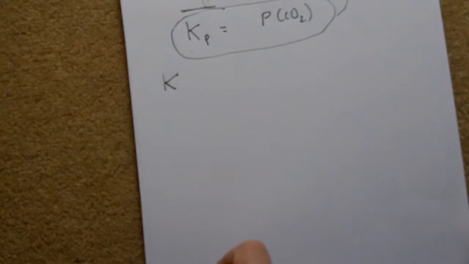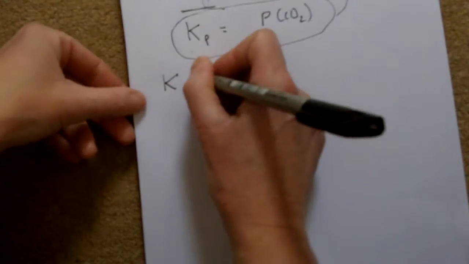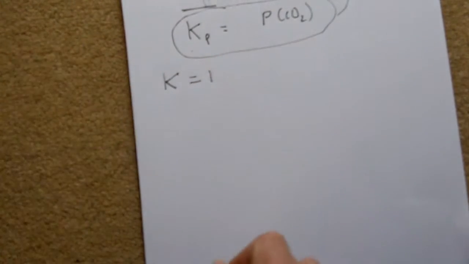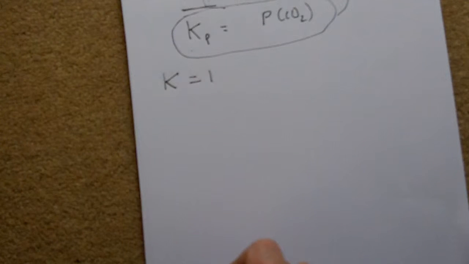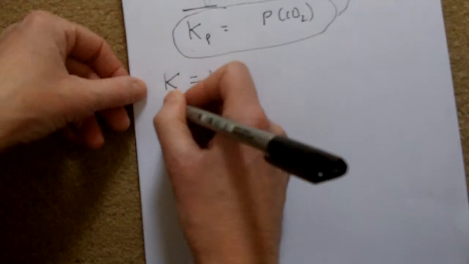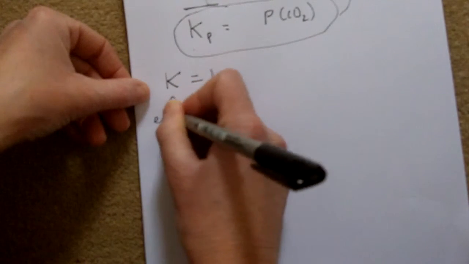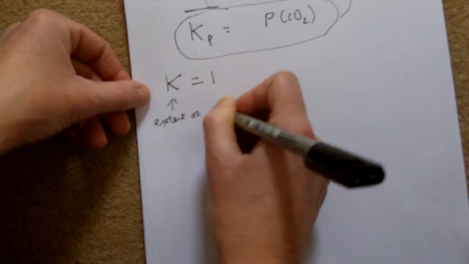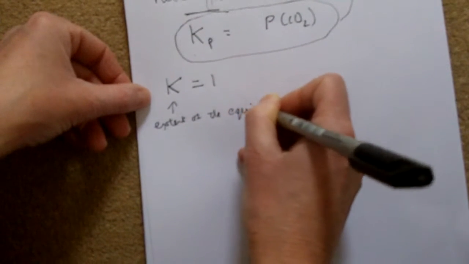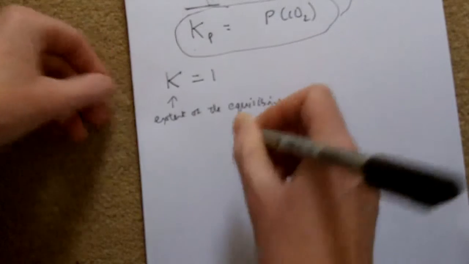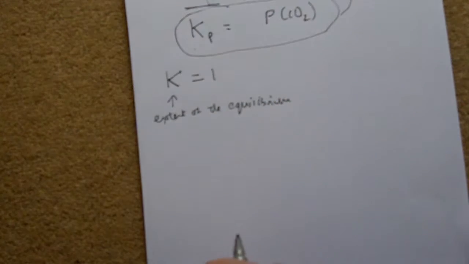They act the same way. If K has a value of 1, what does that tell you about the position of equilibrium? K tells you about the extent of the equilibrium, how far the equilibrium has progressed.